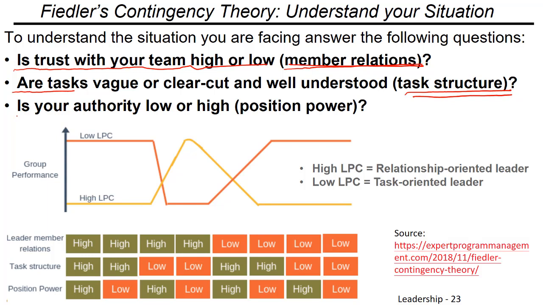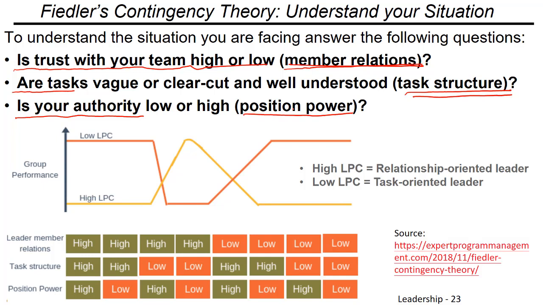The third is your authority, which means your position power, your formal position which gives you formal power. Is it low or high? Sometimes we may be in charge of something, but we may not be given a lot of power associated with that position. In this case, it will be considered low.